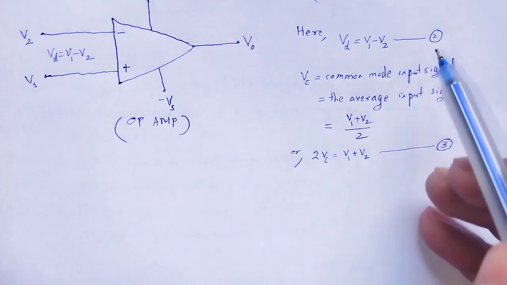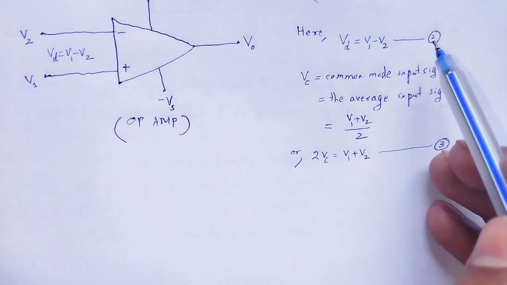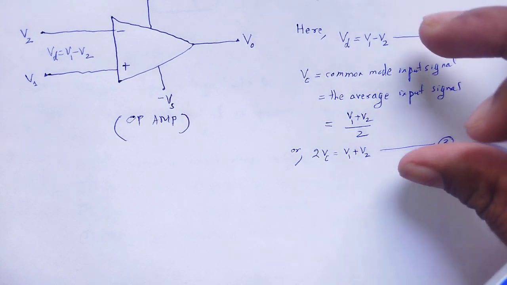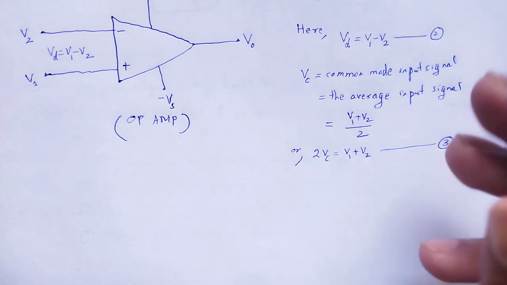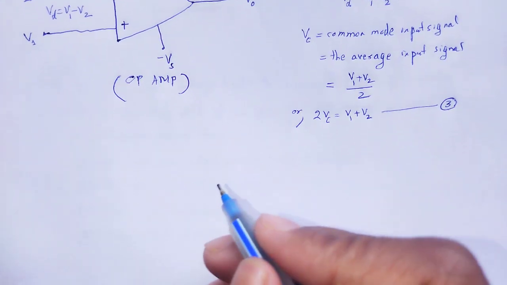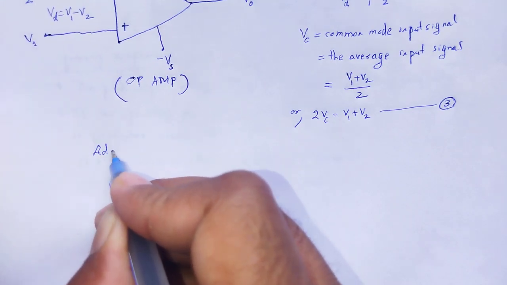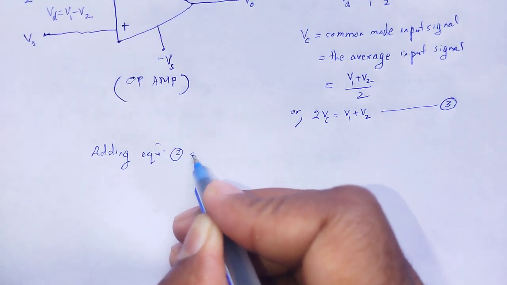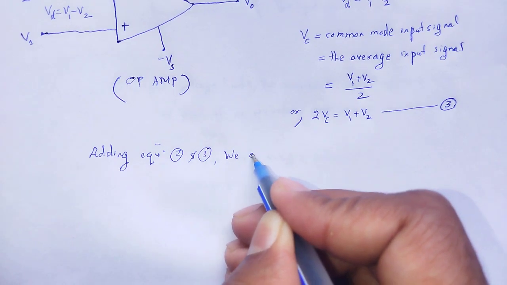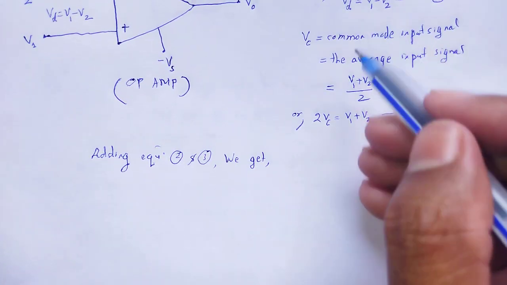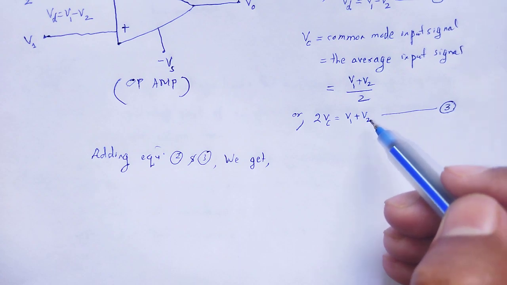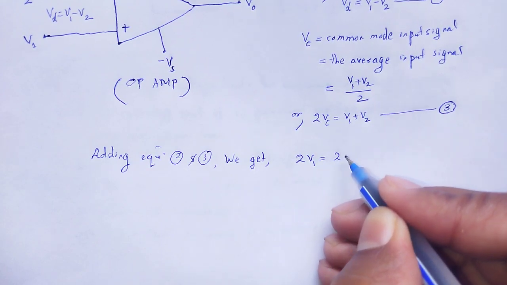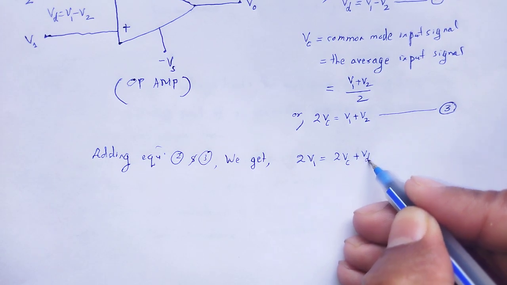Now adding equation number 2 with equation number 3, so we can get V1 and V2, first by adding, then by subtracting. Adding equations 2 and 3, V2 cancels out, and 2V1 is equal to 2Vc plus Vd.